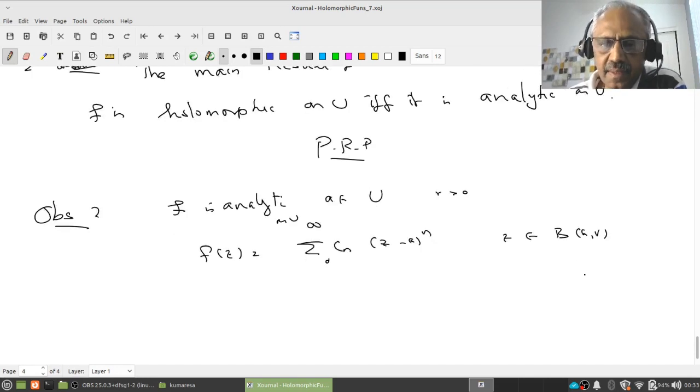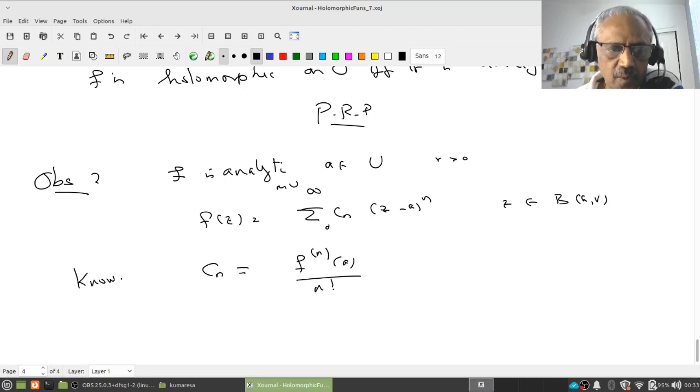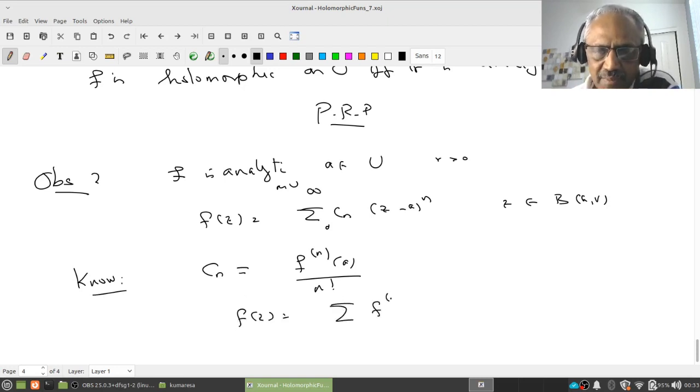But any power series function on its disk of convergence is infinitely differentiable, and hence we also know the c_n's have an intimate relation to the derivatives. So we know this. Now therefore f(z), suppose I write it like that, what does it really mean?